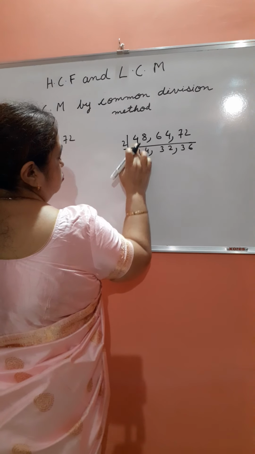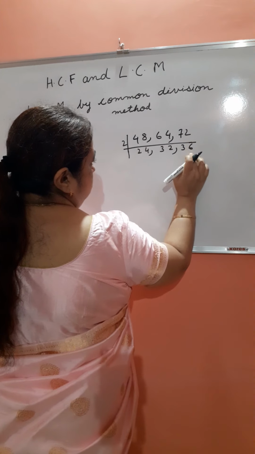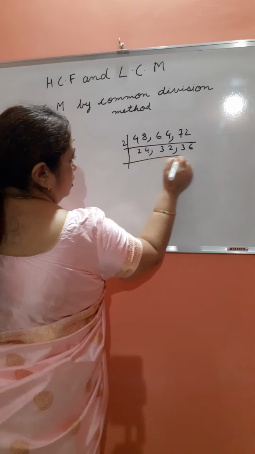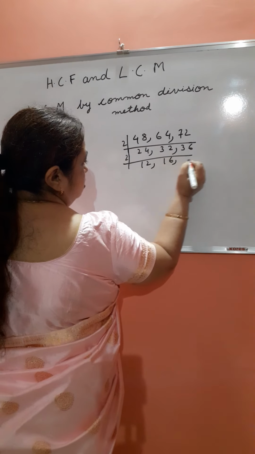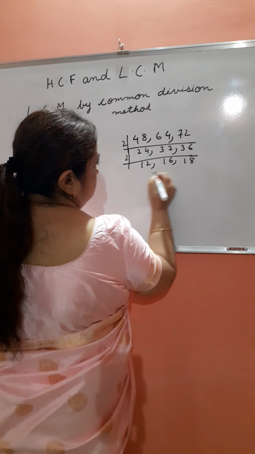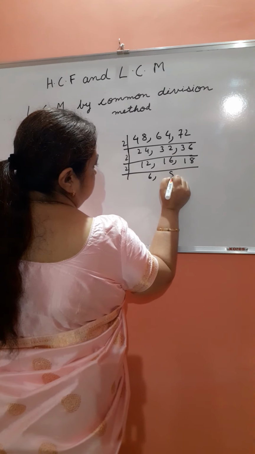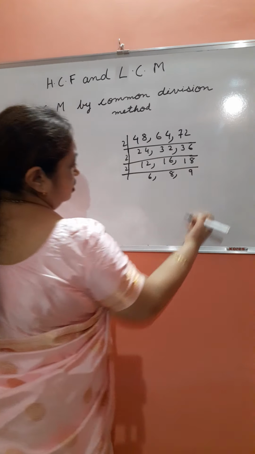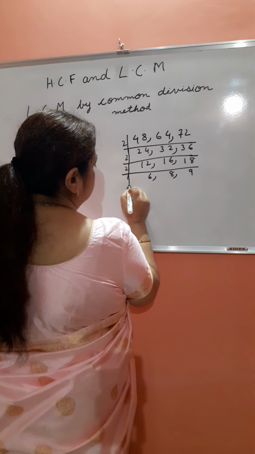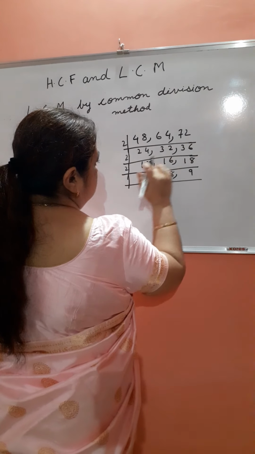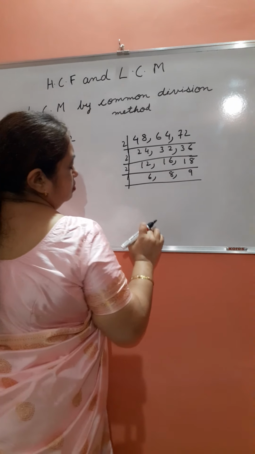See here, 2 2s are 4, 2 4s are 8, 2 3s are 6, 2 2s are 4, 2 3s are 6, then 12, 2 6s are 12. Again divide by 2. 2 12s are 24, 2 16s are 32, 2 18. 2 6s are 12, 2 8s are 16, 2 9s are 18.